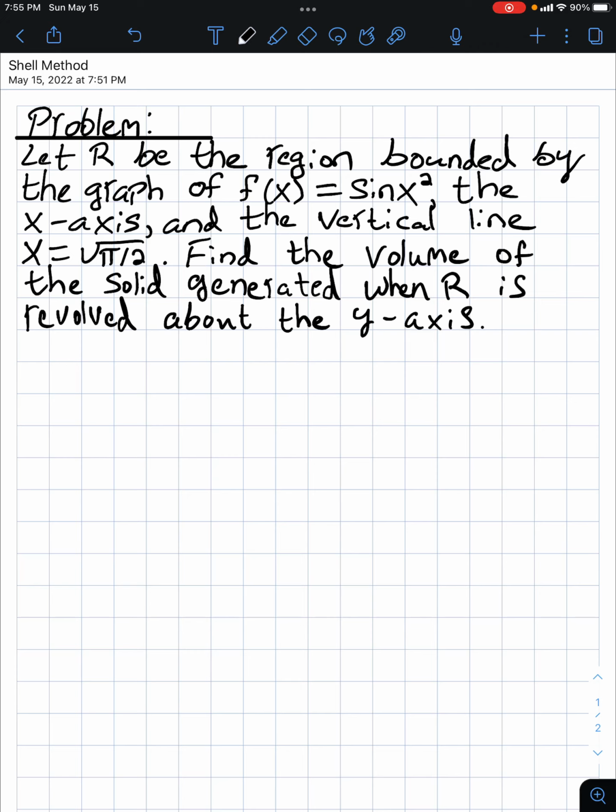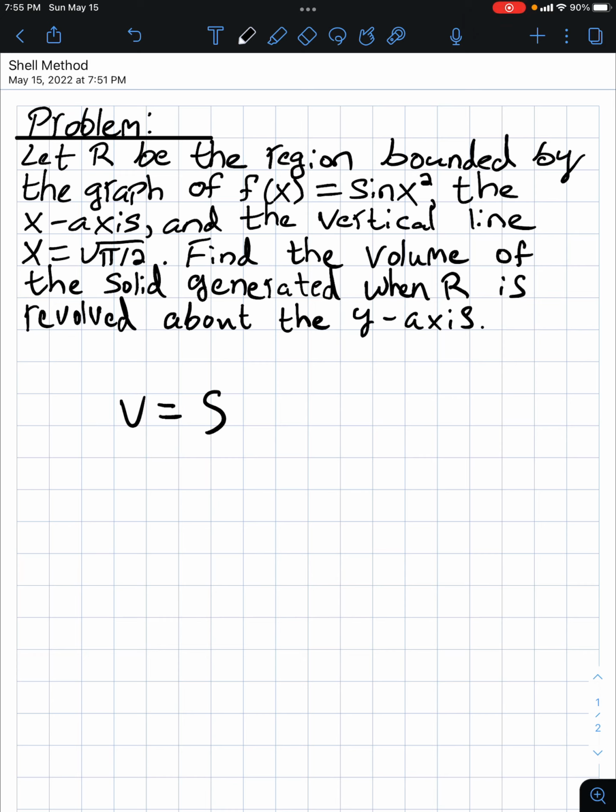To find the volume of the solid generated, we'll set up the problem as V equal to the integral from, so if we plug this into a calculator to see the graph of this function, it would look something like a bowl, like a cylinder, a shell.